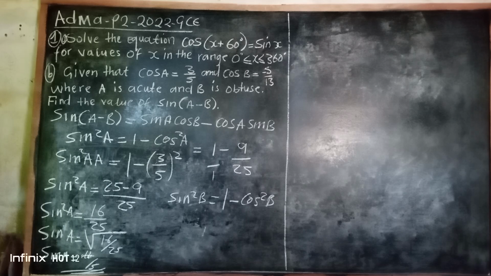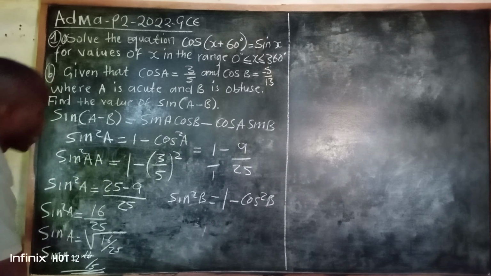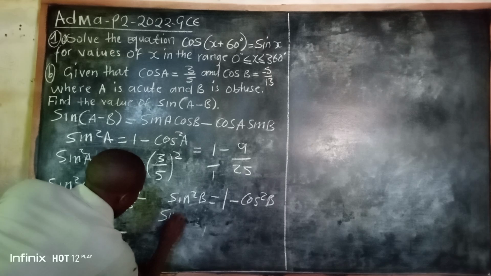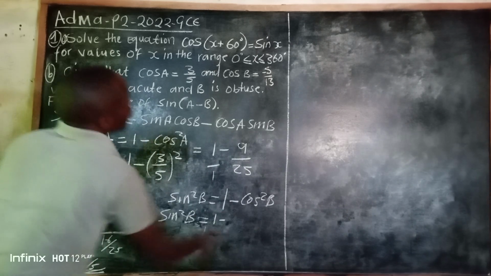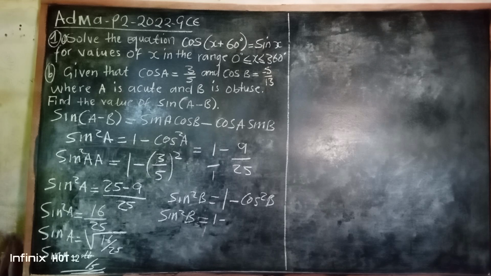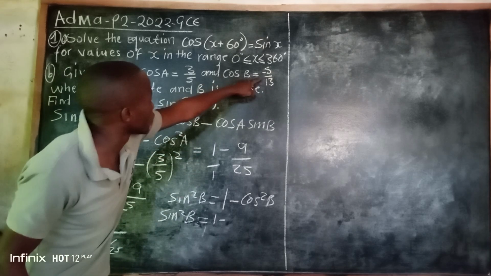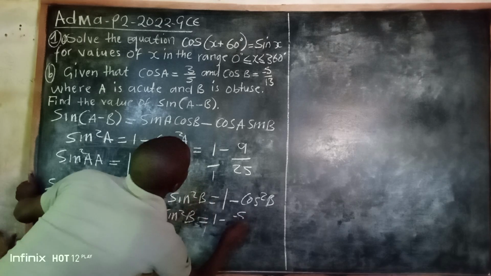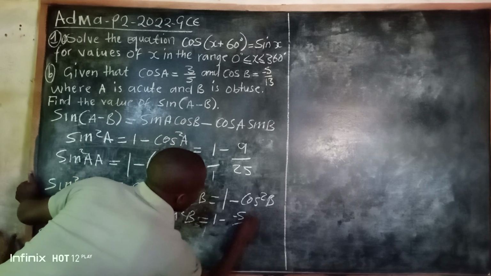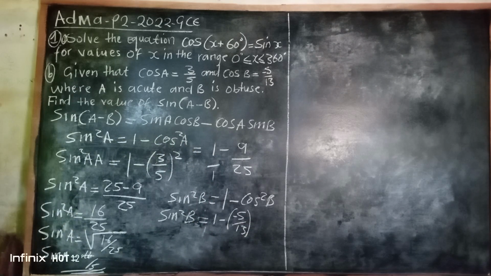Okay? That is the way to go. Then from there, as usual, we are going to substitute: sine B squared is equal to 1 minus cos B squared. Are we given cos B? Yes, cos B is there. So we are saying 1 minus (5 over 13), close bracket.